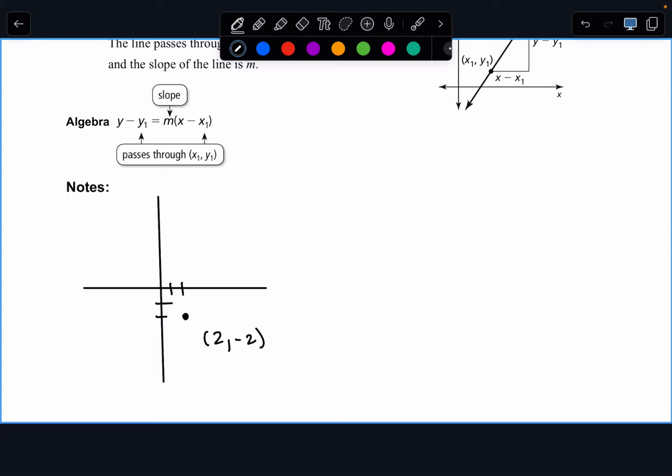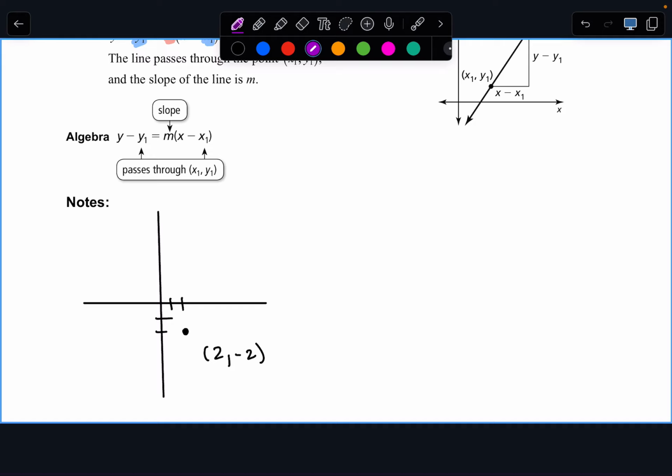I have a slope of up 3 over 2. Okay, so all of this we can read from the graph.